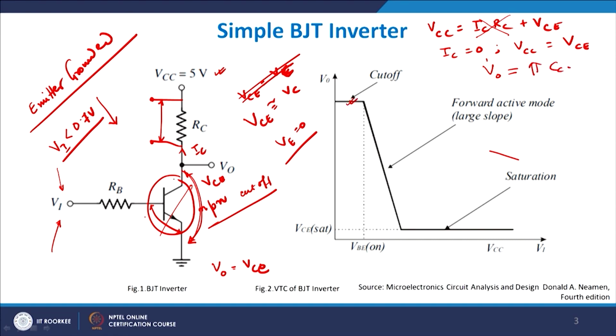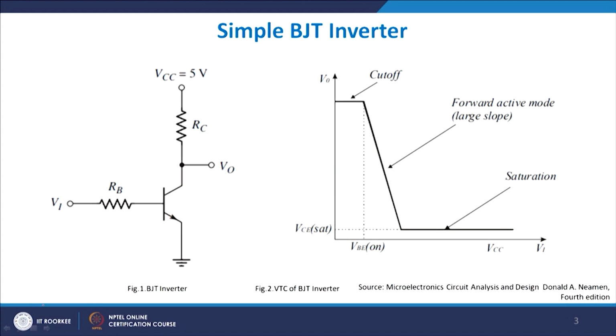When the device is in cutoff mode, IC equals 0, implying that the output voltage is approximately equal to VCC. So if you are using a plus 5 volt VCC, I will get this to be plus 5 volts.